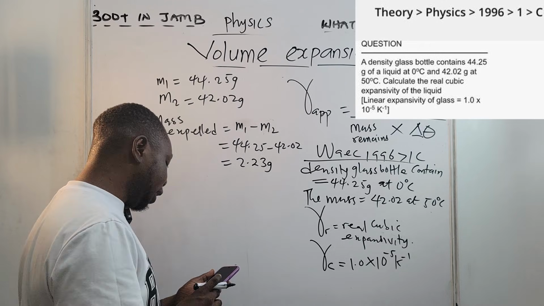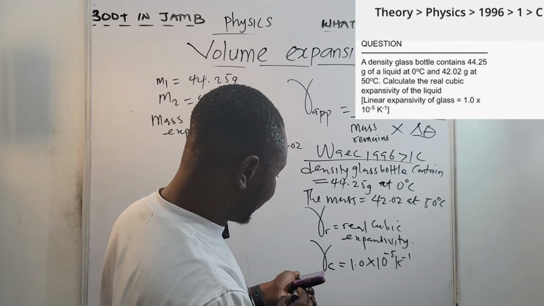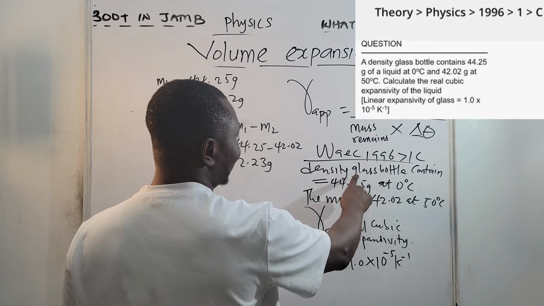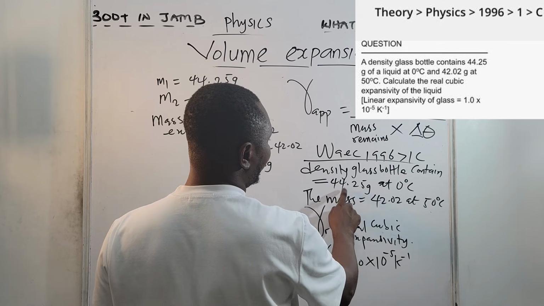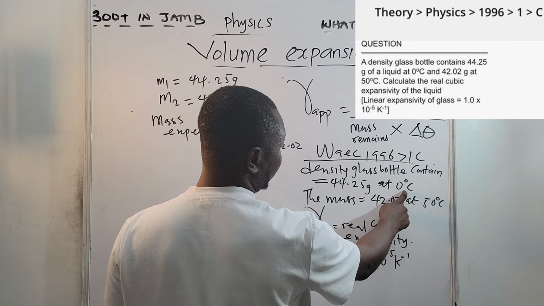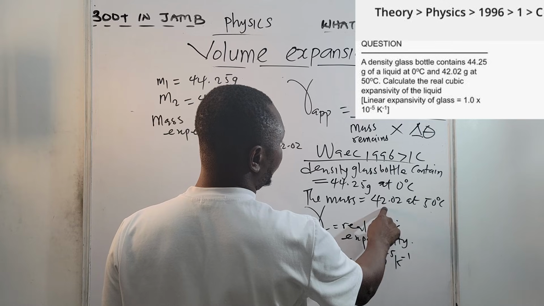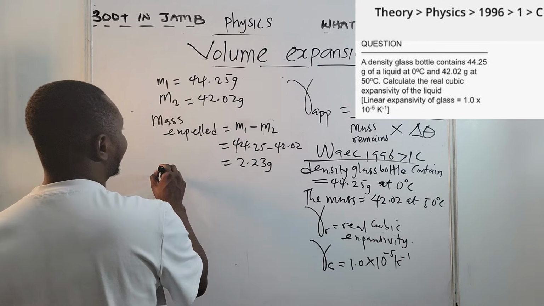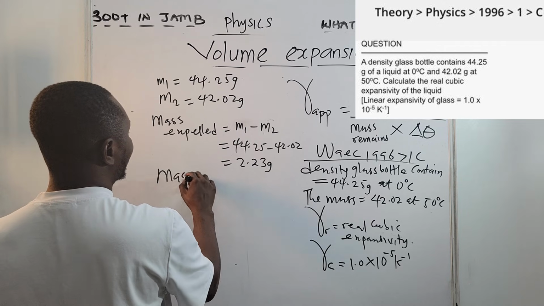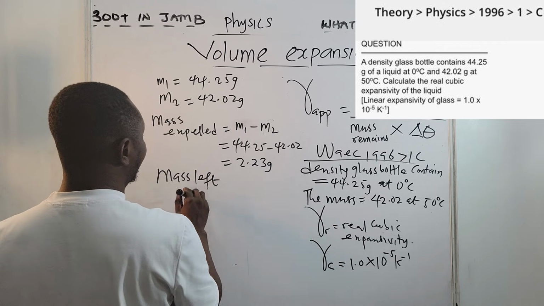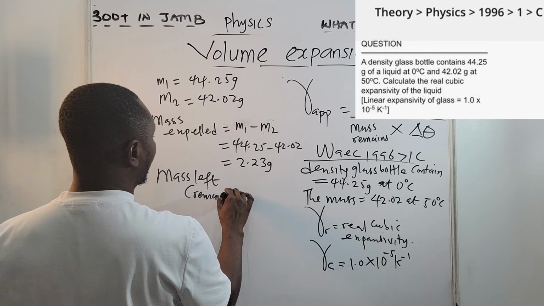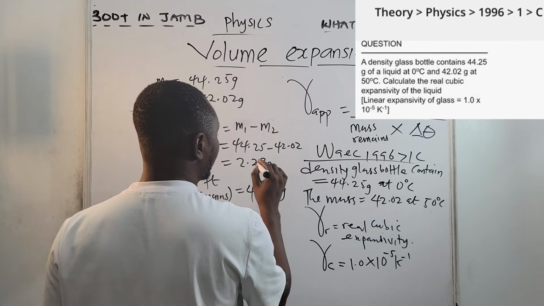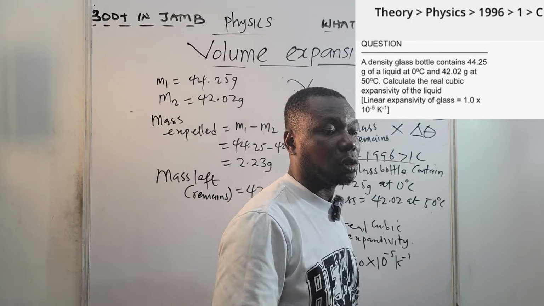So we also need to know the mass left. What happened? The density glass bottle contained 44.25 at 0 degrees Celsius. Now the mass decreased to 42.02 at 50 degrees Celsius. So the mass left is the same thing as the mass remaining. The mass remaining is 42.02 grams at 50 degrees Celsius.